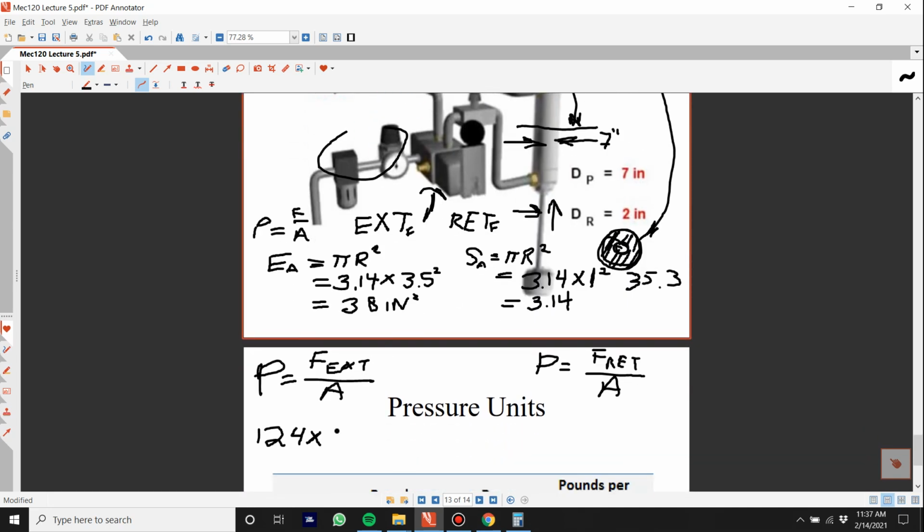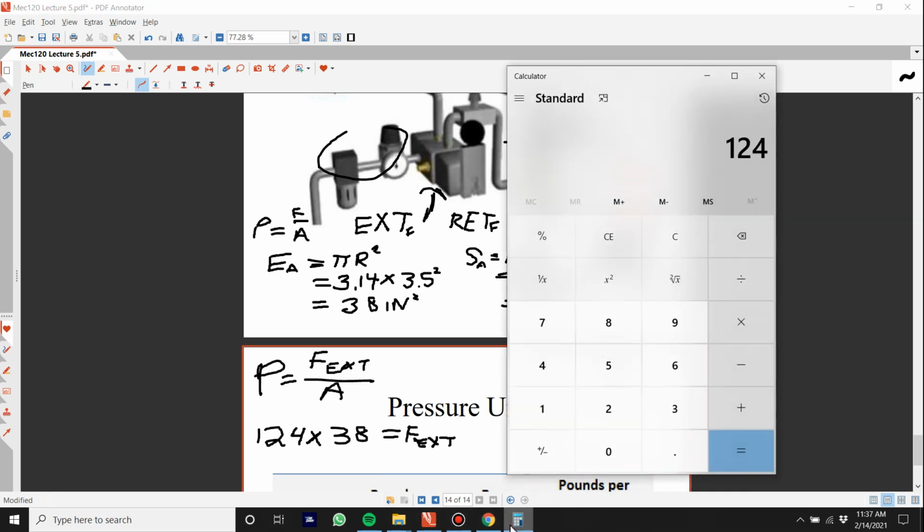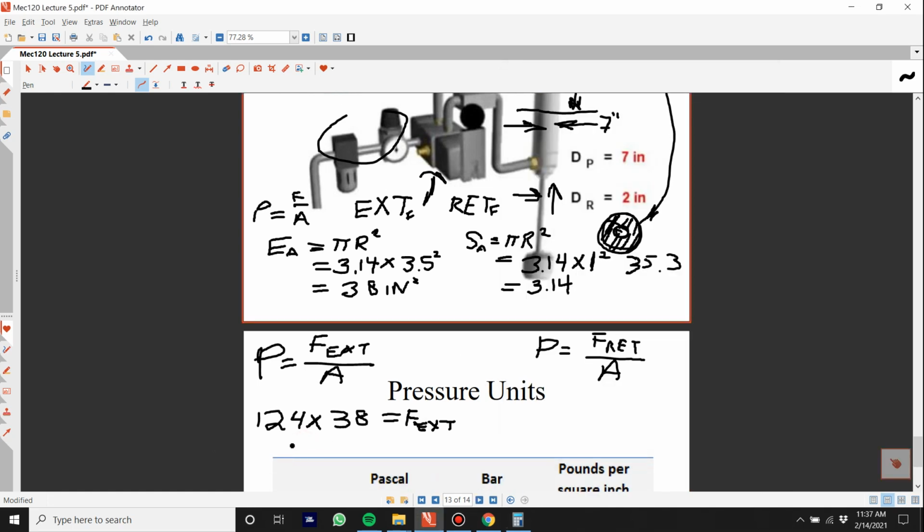It was the 38. 124 is equal to force, come on Tim, extension, and that's 124 times 38, which is 4,712 pounds.